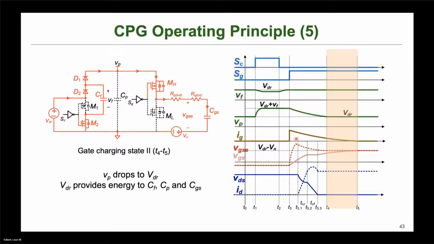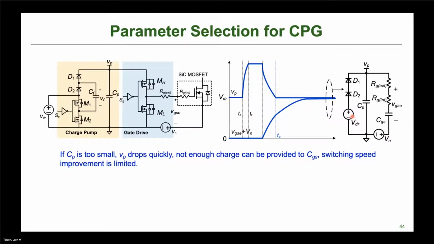Then once the internal capacitances are charged up, we switch out of this and switch back over to VDR into that lower voltage level. So again, we switch to this higher voltage level, but then we switch back down to what I call the intermediate or on state gate driving voltage.